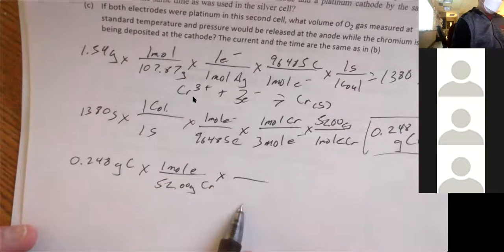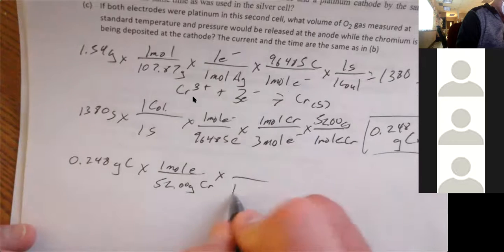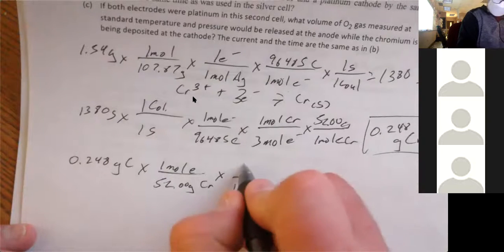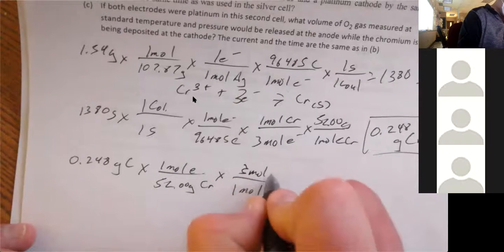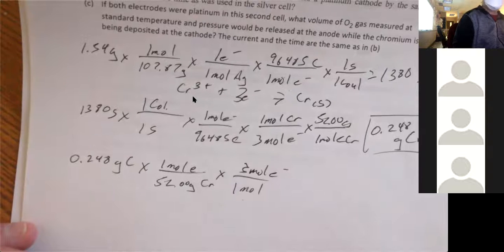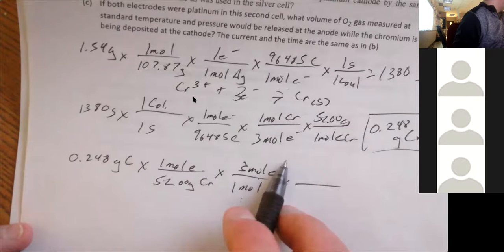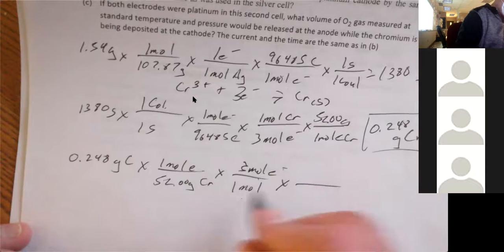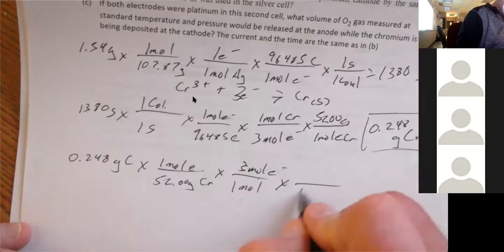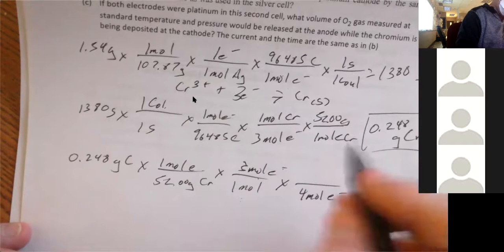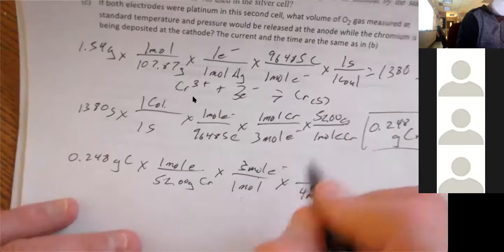And for every 1 mole of chromium, we get 3 moles of electrons. And since we're at moles of electrons here, we can now go directly from moles of electrons from the chromium to moles of electrons from the O2.